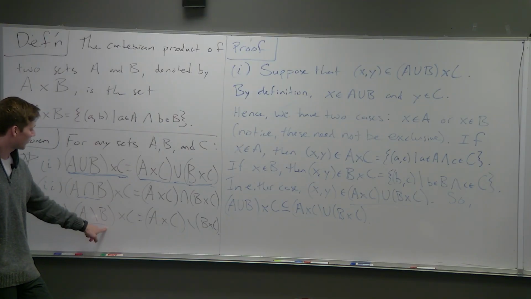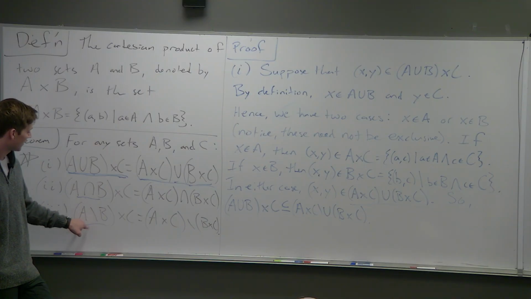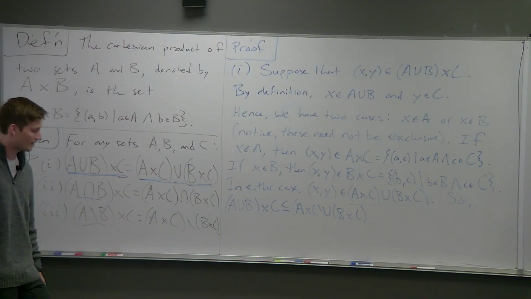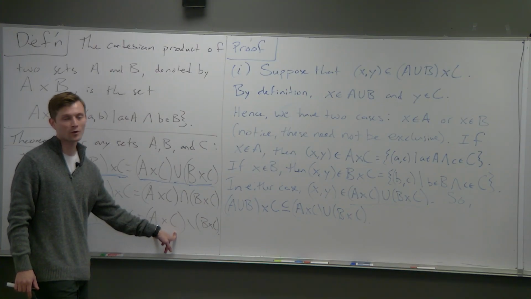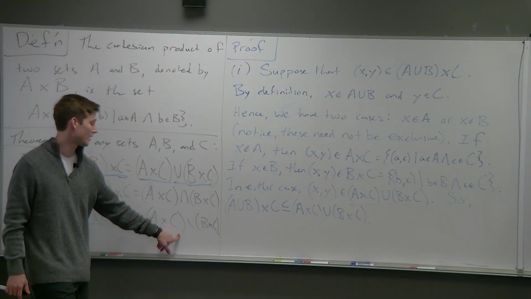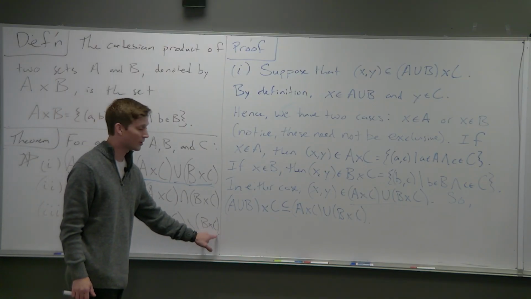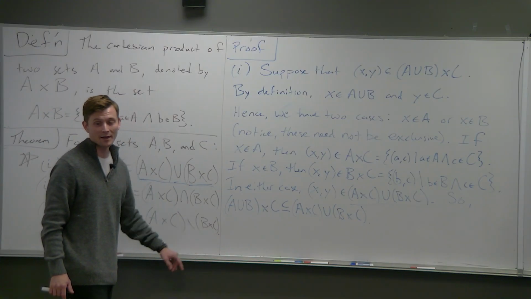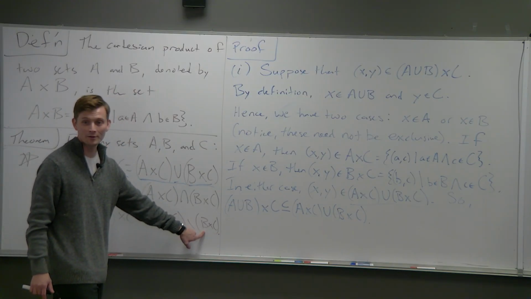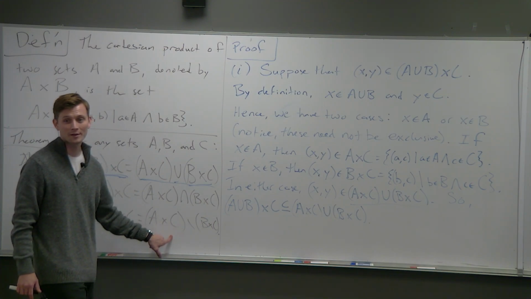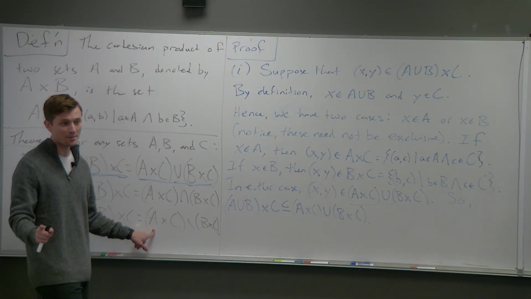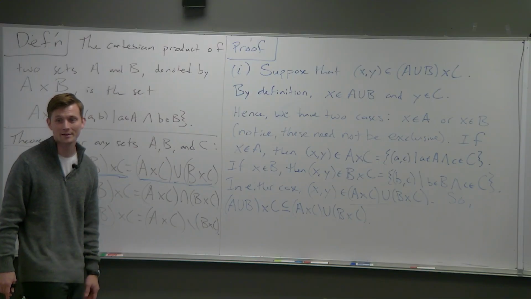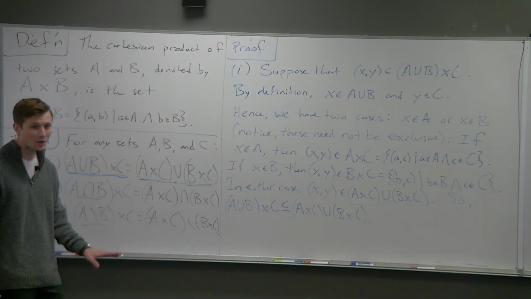The final one with the set minus, well, this says that your thing is in A but not in B, and the second component is in C. So certainly, it'd be the same as taking everything with first component in A, second component in C, then taking everything with first component in B and second component in C, and just getting rid of those ones from the first thing, leaving you only with things that have first component in A but not in B, and second component in C. Does that feel okay?